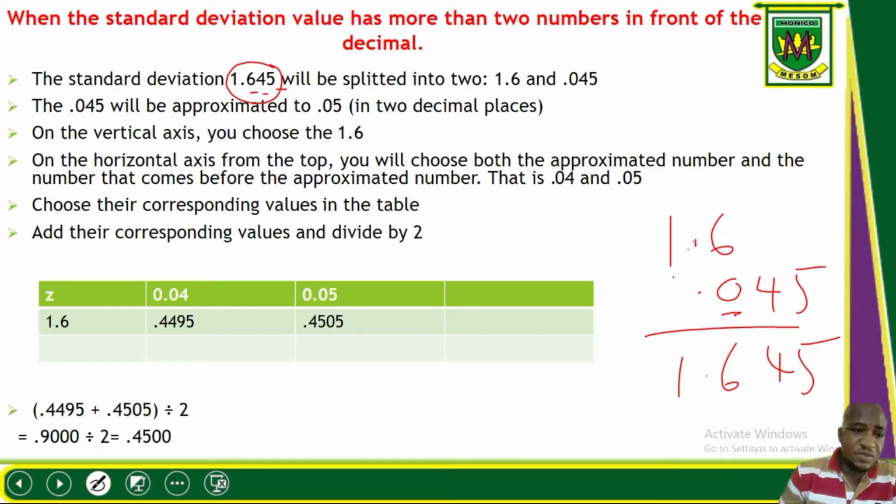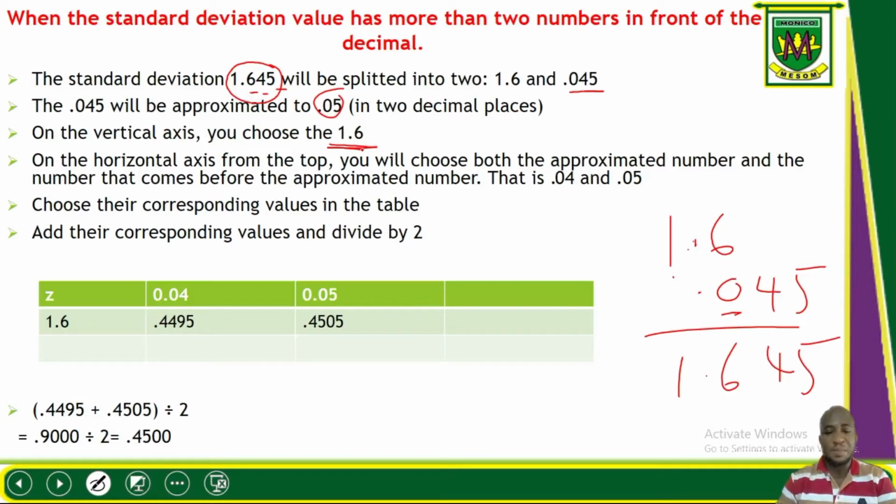The next step is that 0.045 will be approximated to 2 decimal places. Approximating 0.045 to 2 decimal places will give us 0.05. On the vertical axis of the summarized table, you choose 1.6.